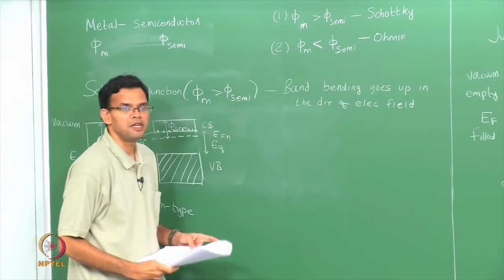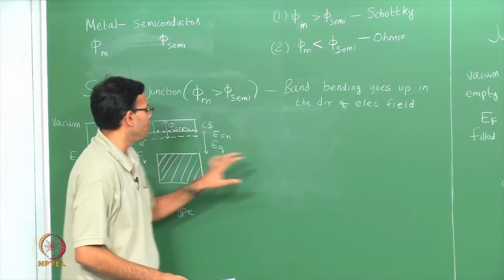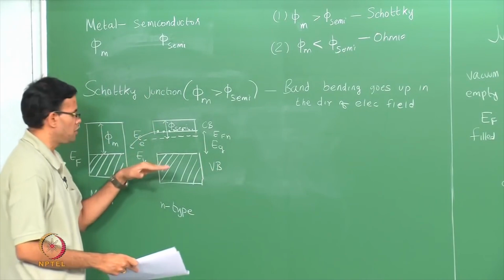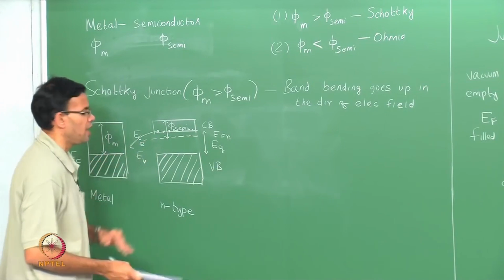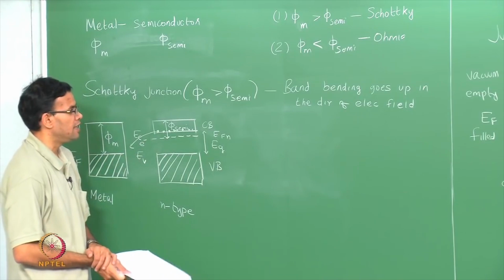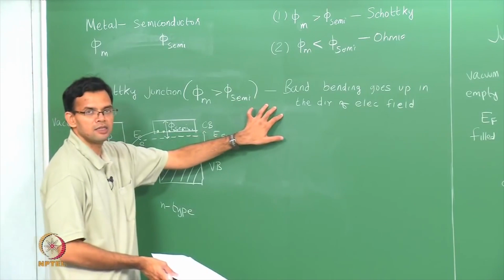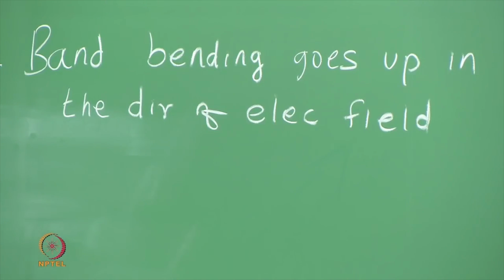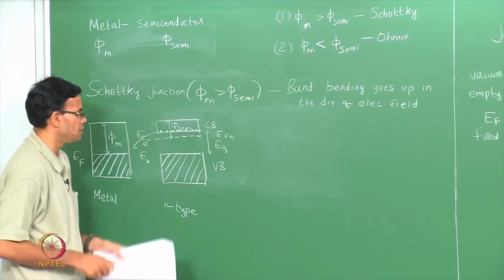We will see in a minute what this means. When we form the junction, the first thing we do is line up the Fermi levels, and then we bend the bands in the semiconductor, and this band bending will go up in the direction of the electric field.